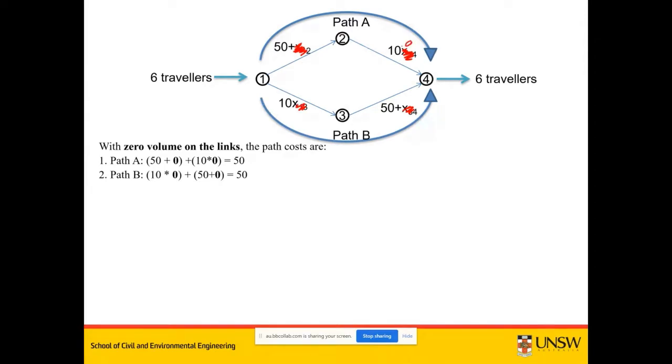So this is 10 multiplied by 0. Overall, this cost would be 50, and this cost would be 50. So both path A and path B have the same travel time now. Path A has a travel cost of 50, and path B cost is also 50.